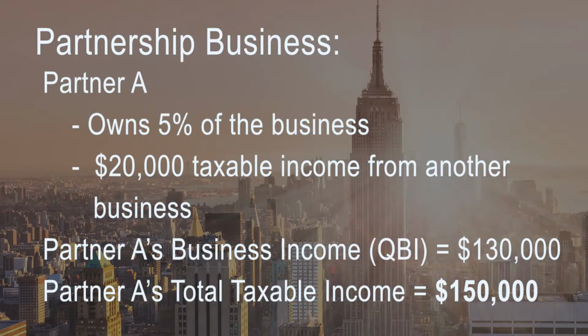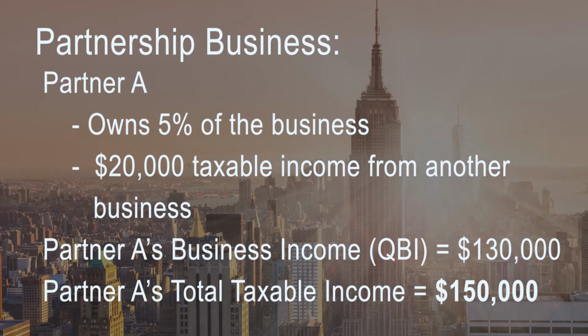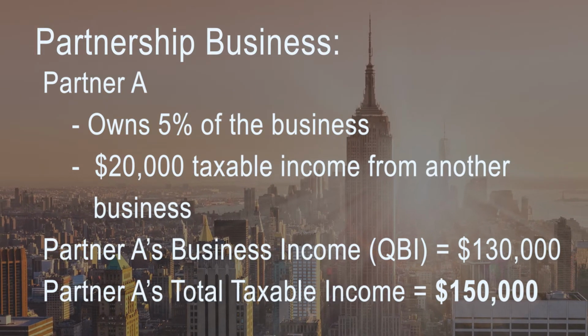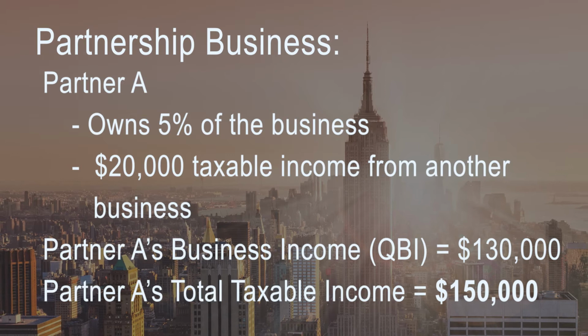So his total taxable income would be $150,000, $20,000 of unrelated taxable income plus $130,000 of qualifying business income. His qualifying business income is $130,000. 20% of that is $26,000.